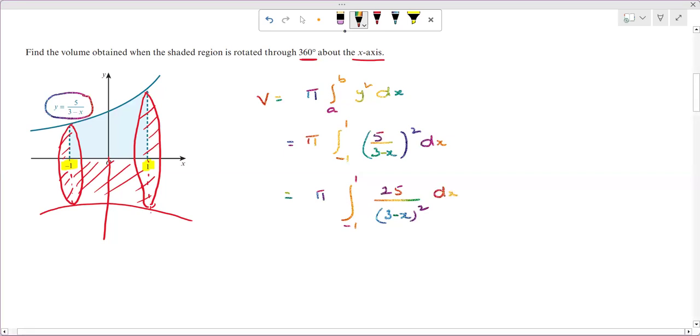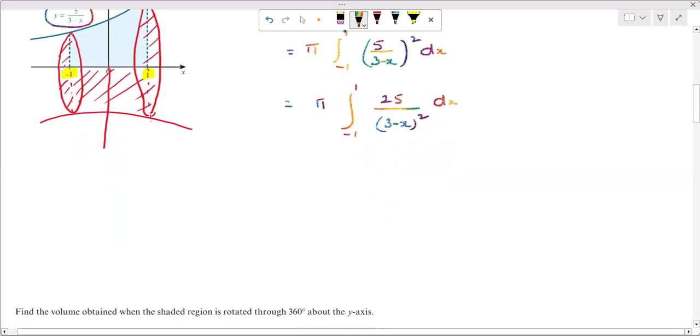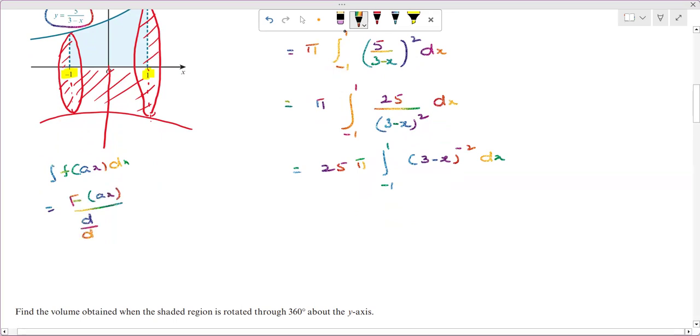Now see here, first the constant 25 you can send outside. So 25 times the integration from -1 to 1 of (3 minus x) to the power of -2, I am writing. You are already aware of this: if the integration of small f of x is capital F of x, you should again do differentiation of whatever the inner part is, like the chain rule applies over here, but here division will come in.